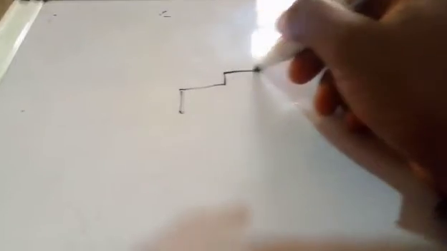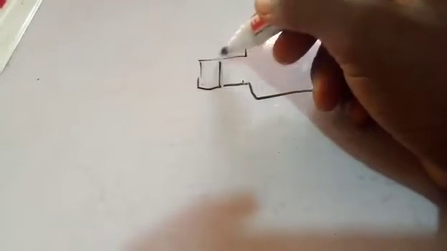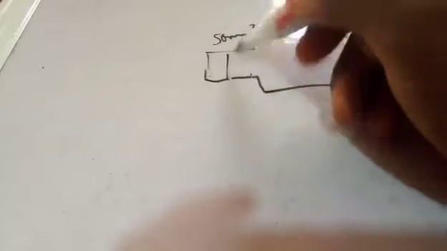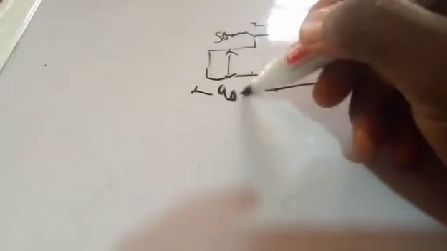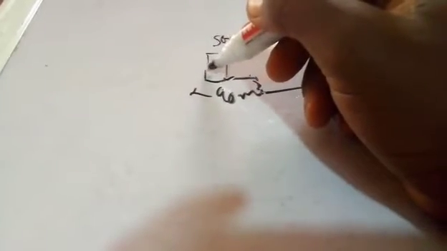Let us say we have a diagram here. Let's assume the area here is equal to 50 millimeter squared, and the length from here to here is equal to 90 millimeter, and the tensile force is equal to 160 kilonewton.